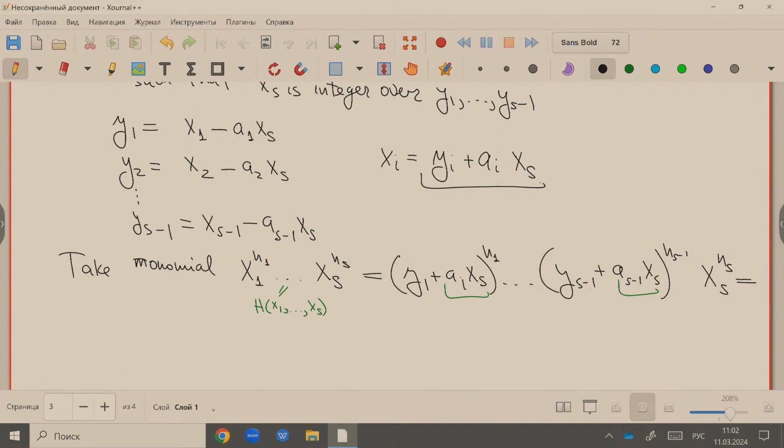Yeah, so if you open the brackets, you will get that the highest coefficient will look like a1 to the n1, etc., a_{s-1} to the n_{s-1} times xs to the power n1 plus etc. plus ns. Yeah, so plus lower terms.